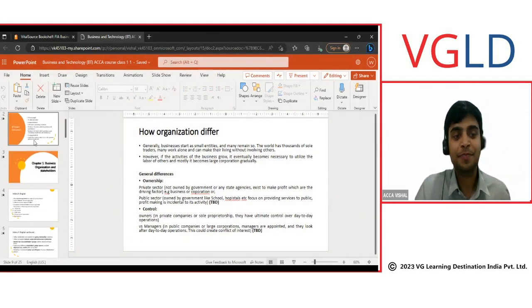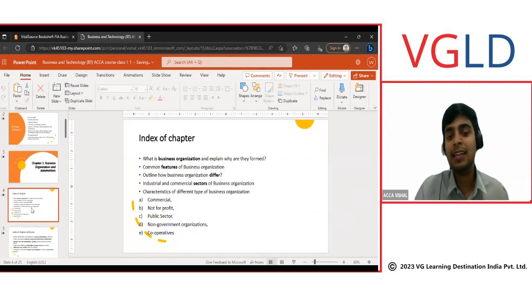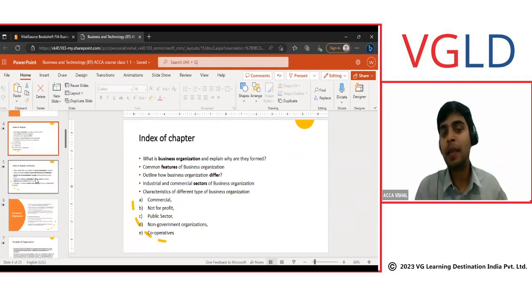This is the chapter, and this was the index that I have just done for you, in case you need to refer, because I was trying to prepare the notes so that you don't need to refer to a couple of things.